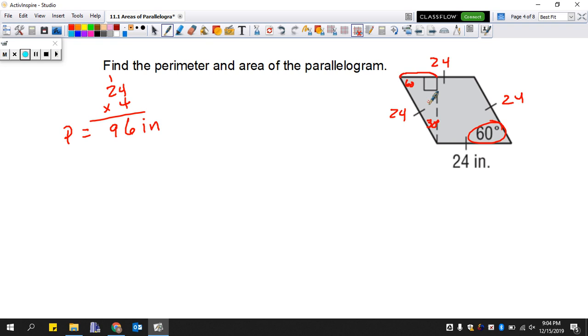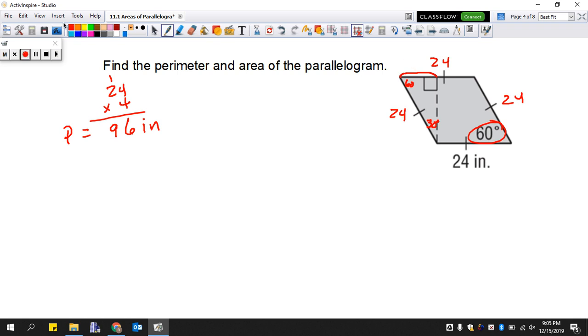Okay, and one of the things that this 30-60-90 triangle does is that it says the shortest side is always half the length of the longest side, or the hypotenuse.